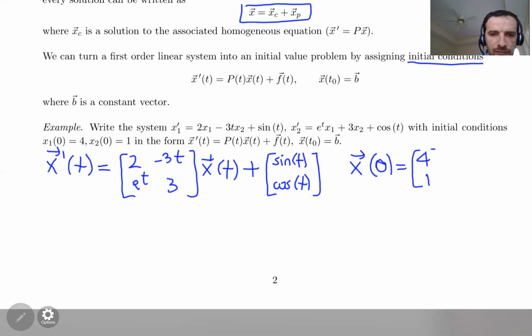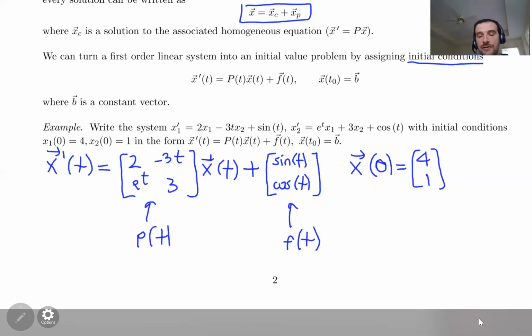Of course, in this setup, this is p of t. This is f of t. Okay? So I could rewrite an initial value problem using a vector equation this way.